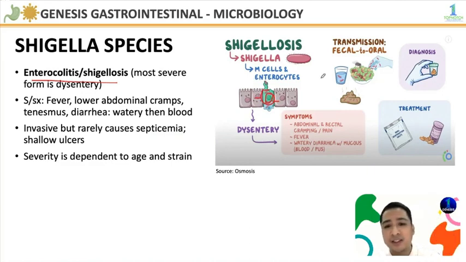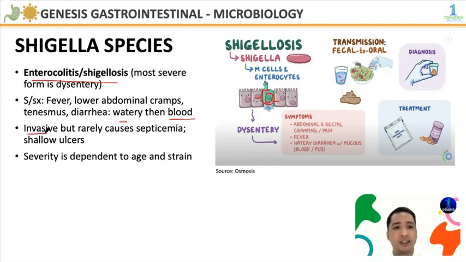Signs and symptoms of dysentery: usually the patient presents with low-grade fever, lower abdominal cramps, tenesmus, and diarrhea. They usually present first with watery, followed by bloody diarrhea. That's a common scenario for Shigella.